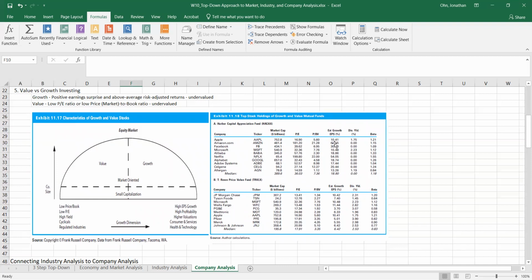But if you look at earnings per share growth, it is much higher for growth stocks compared to the value fund, right? And here, the dividend yield is quite a bit higher than for growth stocks. Overall, if you look at the risk measure, beta, the growth fund is quite a bit higher than the value fund.